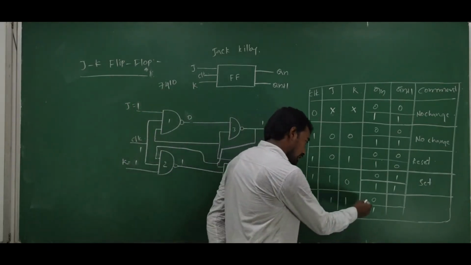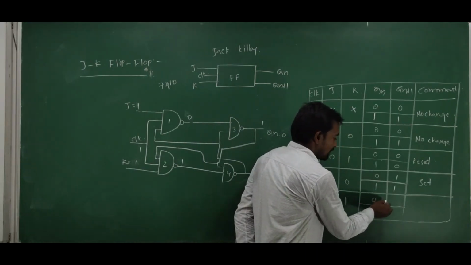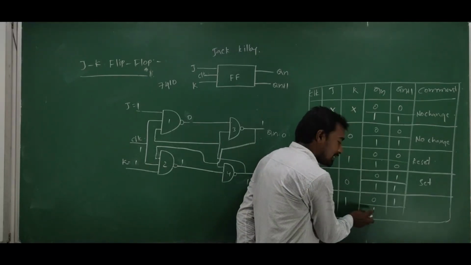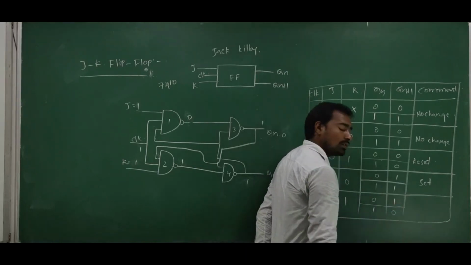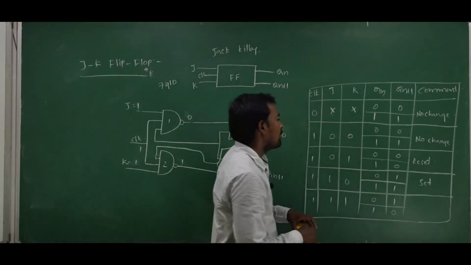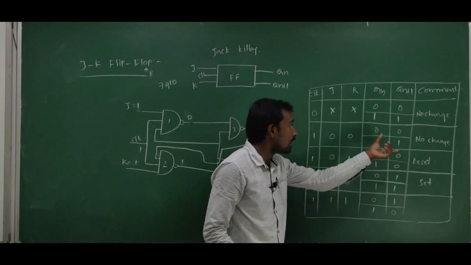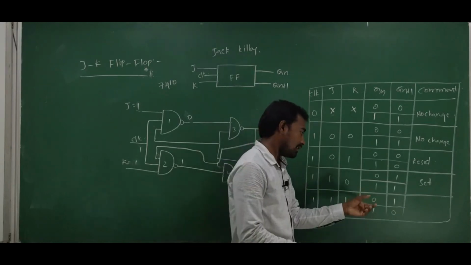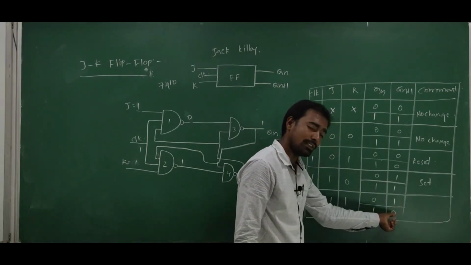So here if the present state is equal to 0, the next state is equal to 1. If the present state is equal to 1, then we are getting the next state is equal to 0. So whatever we are applying the input, the next state depends upon the present state, that is 0 gives the output 1 and 1 gives the output 0.